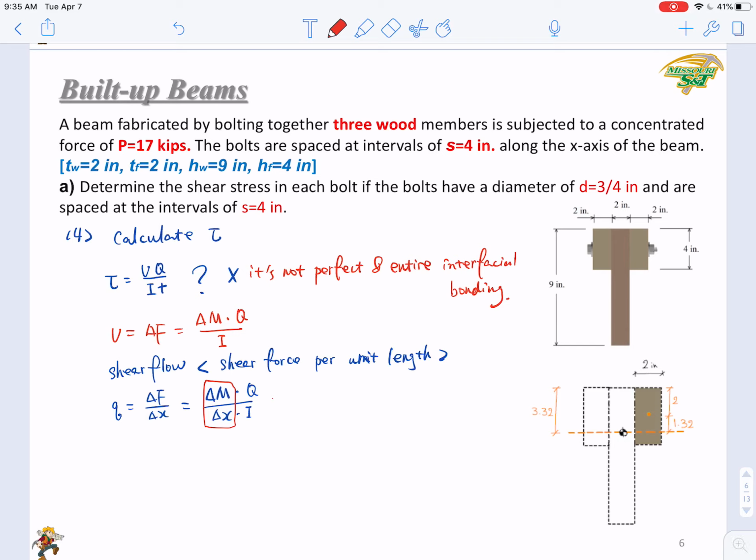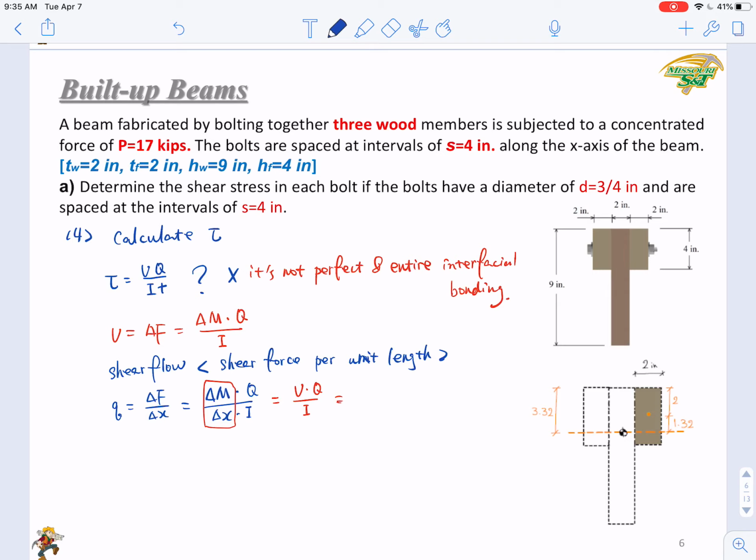That is V, right? So again, we get VQ over I. This is the equation we used last time to calculate q, the shear flow. From here, we can use the numbers given in this problem to calculate the shear flow.